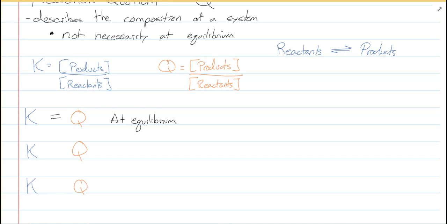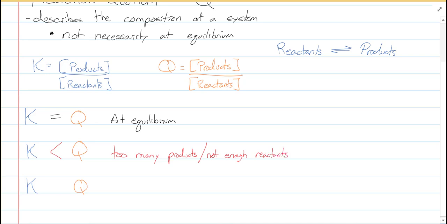Now, Q can be larger than K. If Q is bigger than K, that is too many products and or not enough reactant.